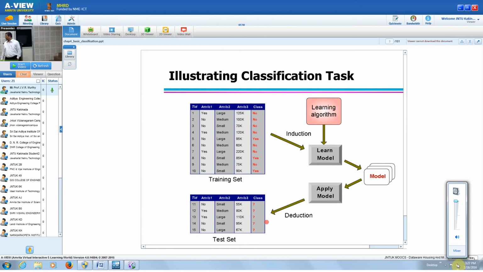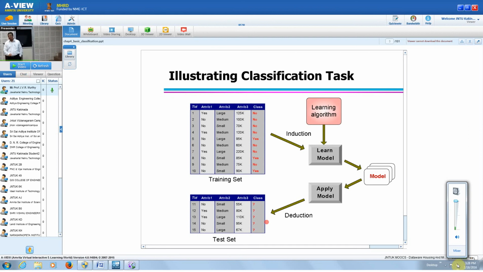Understand? How classification works is, in fact, you know the class labels for these records also, but you pretend as if you do not know them. So you have 15 records. You use 10 records for training and arrive at a learning model using the decision tree algorithm.